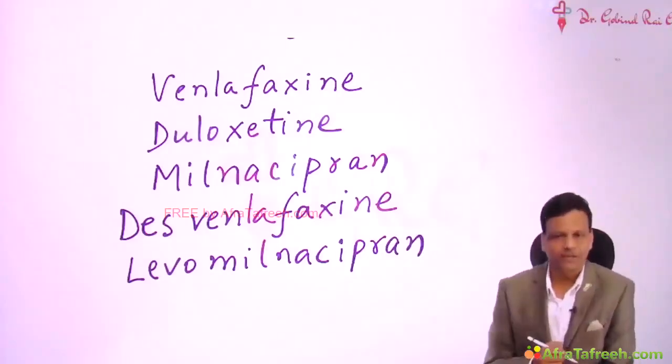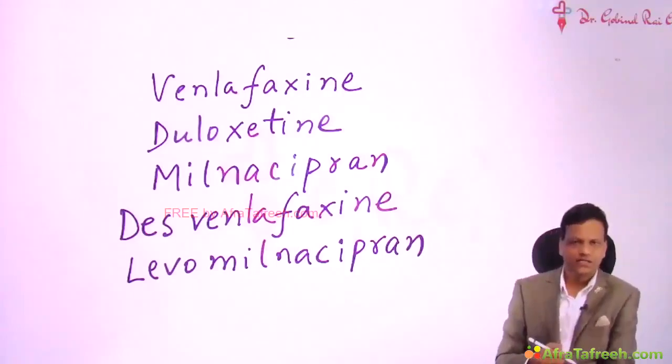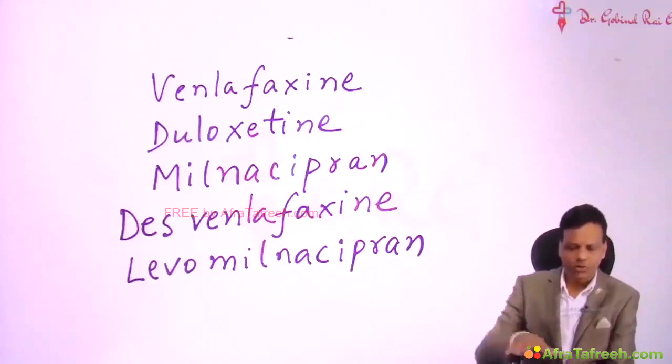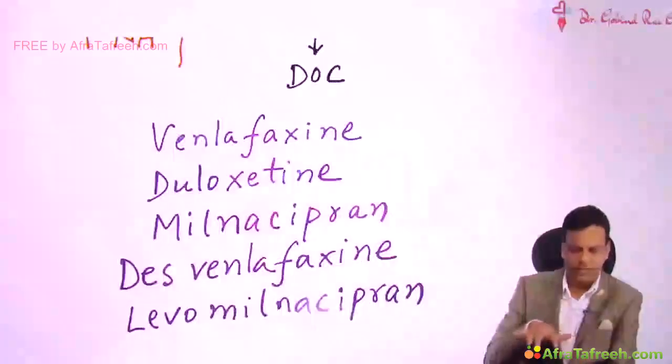These are examples of SNRI, serotonin noradrenaline reuptake inhibitors, and these are drug of choice for severe depression. So that is about the non-selective reuptake inhibitors.